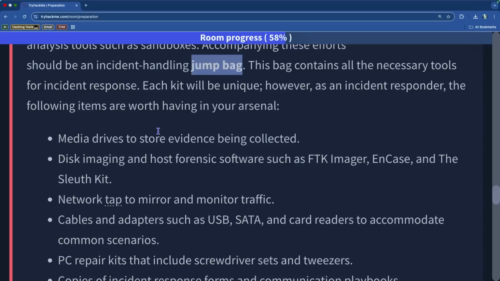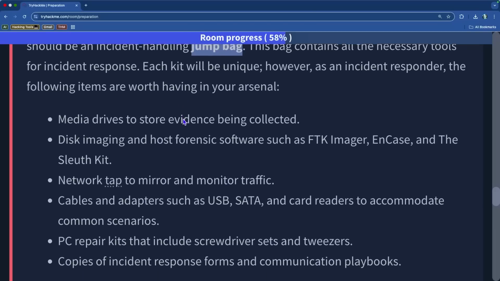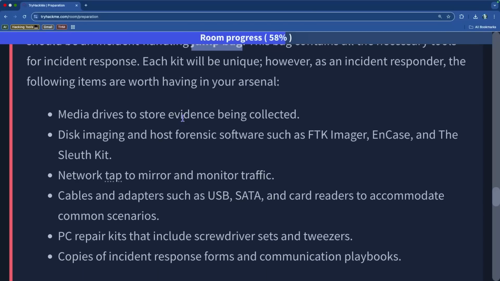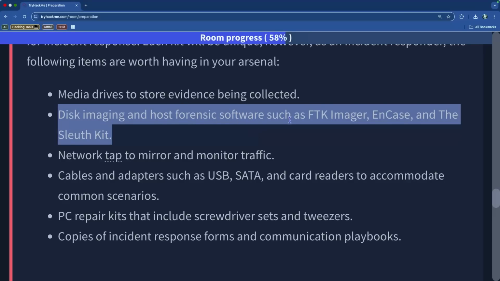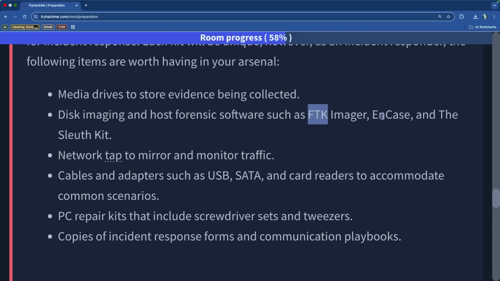And just like her go bag, the jump bag usually should have the very basic sets of things, right? It can be customized to each individual person that has their own jump bag, but for the most part, you need to have media drives to store evidence that's being collected. You need to have disk imaging and host forensic software like the Forensic Toolkit Imager, Encase, and the Sleuth Kit.